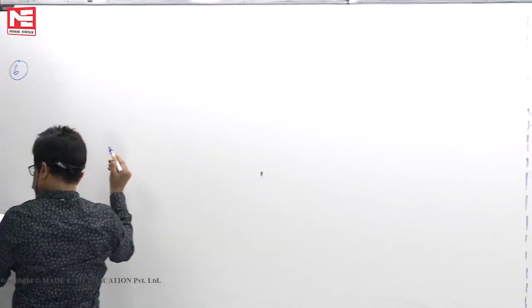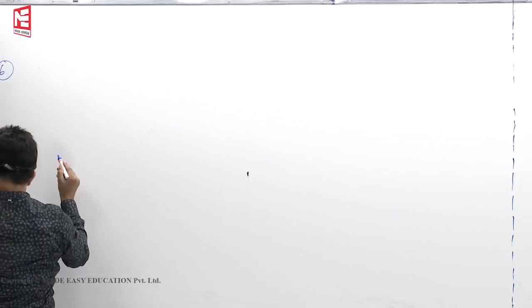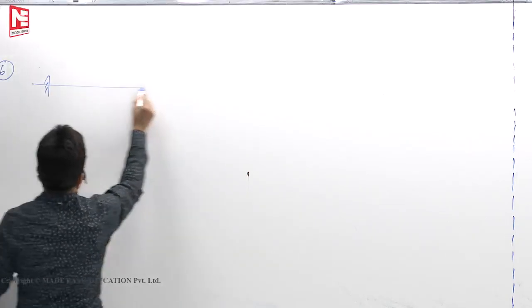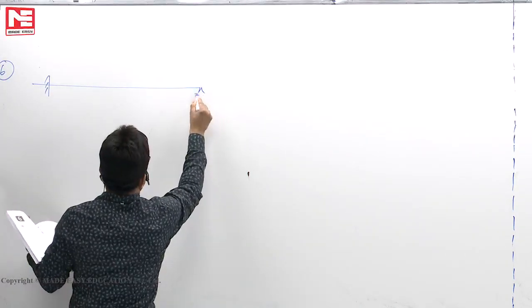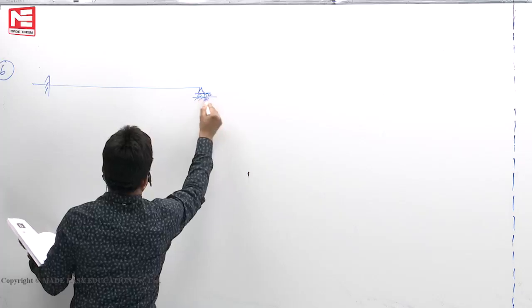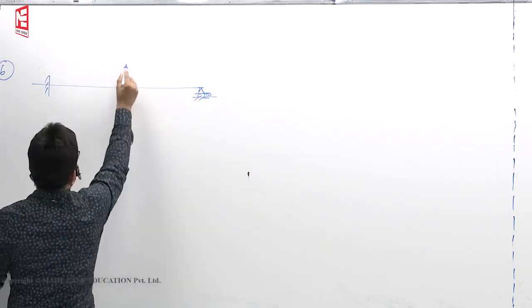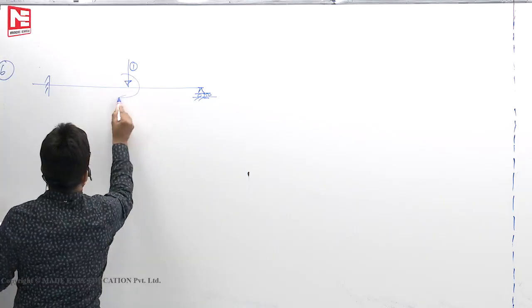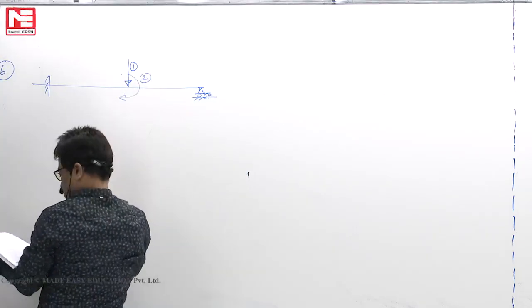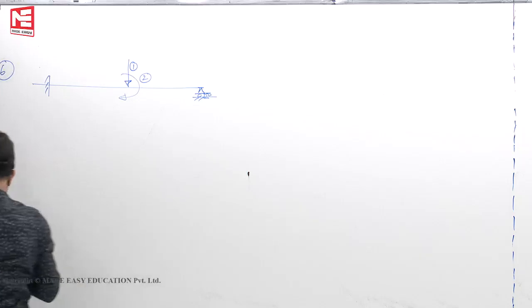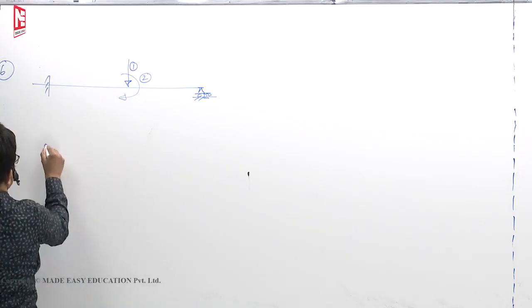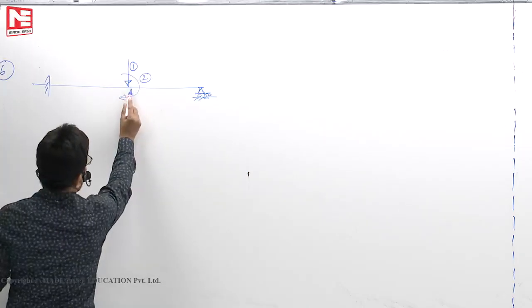Sixth one. Stiffness matrix with respect to given coordinates. One, two. Now you see, coordinate 2.